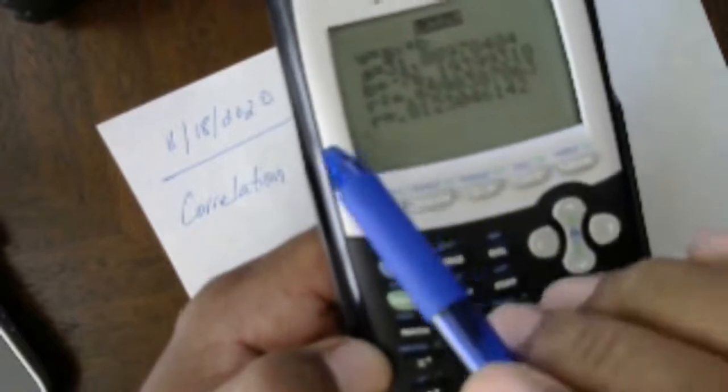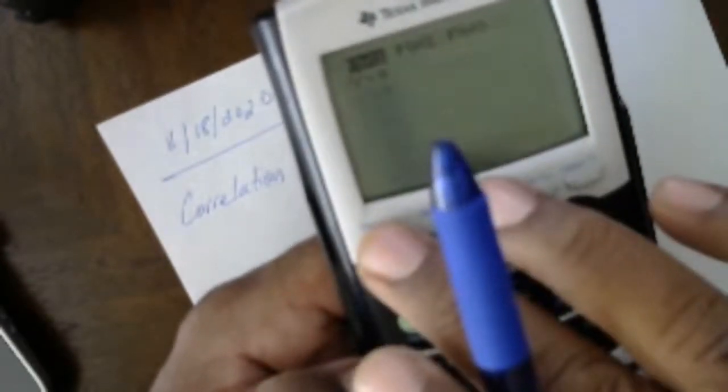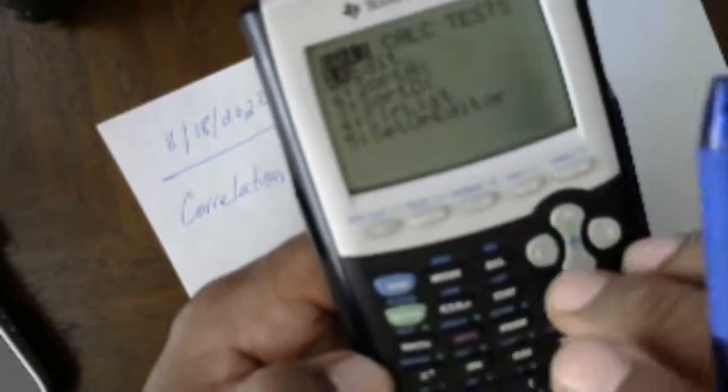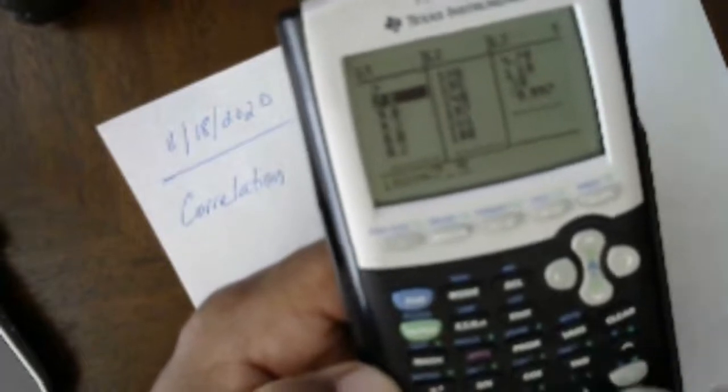Okay, let me check my data points because I'm getting something a little bit different. Yes, I'm just going back in the stat. Okay, yeah, this should be 7.6. 9.8, 9.3, 8.8.